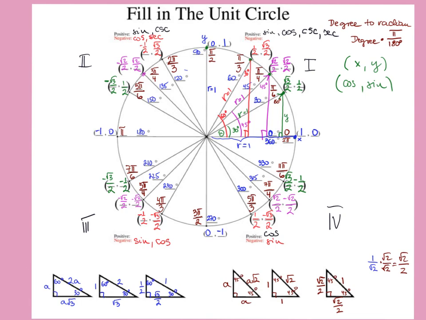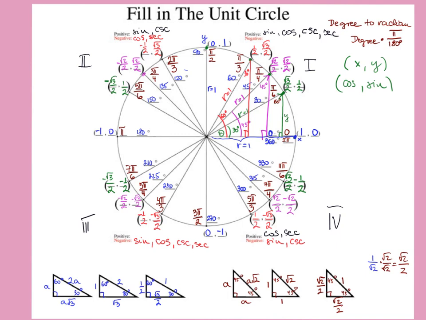Let's go to quadrant 3. In quadrant 3, sine and cosine are negative, so cosecant and secant also will be negative. If we go to quadrant number 4, cosine and secant, the reciprocal of cosine, are going to be positive, and sine and cosecant are going to be negative.